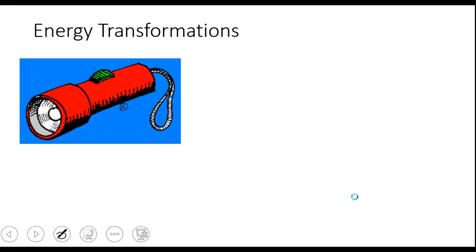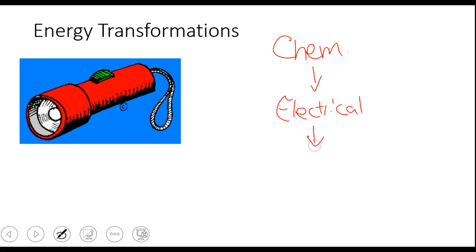I'm going to go ahead and do that. And so all flashlights that I know of, pretty much all of them at least, require batteries, which are a form of chemical energy. That chemical energy gets converted to electrical. That electrical energy gets converted to electromagnetic energy, and some of it is lost as thermal energy or heat.